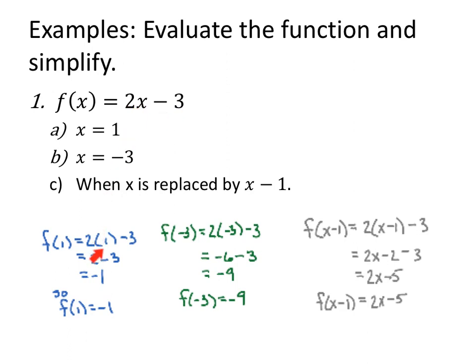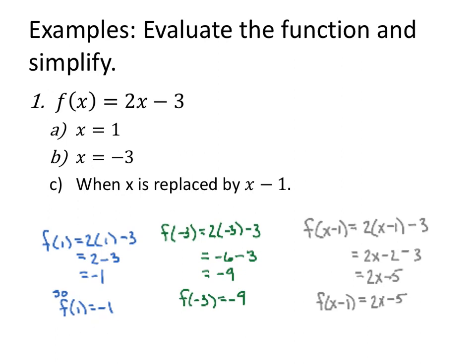I'm going to remove that x, and I'm going to use parentheses and put in the 1. So 2 times something minus 3, right? It varies. It's a variable. In this case, it's a 1. 2 times 1 minus 3 is 2 minus 3, which is negative 1. So we would say f of 1, the function evaluated at 1, is equal to negative 1. X equals 1, y equals negative 1.